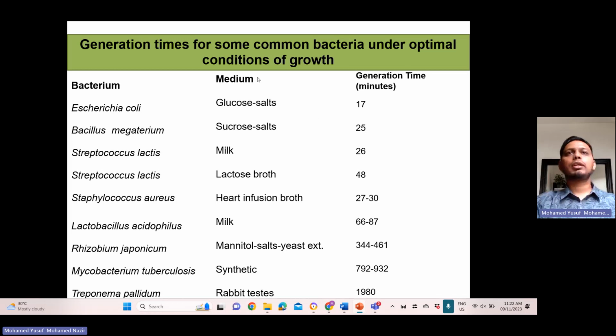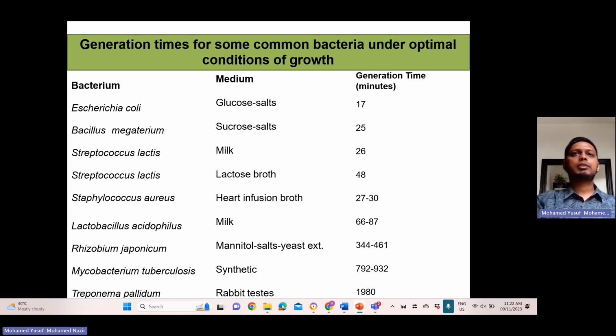And then these are the common media, if you want to grow it at lab scale, in the shake flask that I showed earlier. So these are the common media used to grow the bacteria. Obviously the time taken is influenced by the medium used.